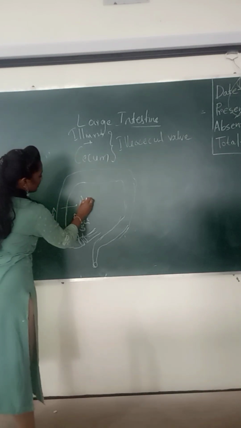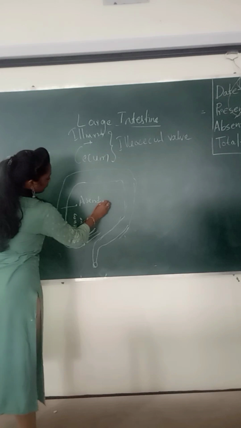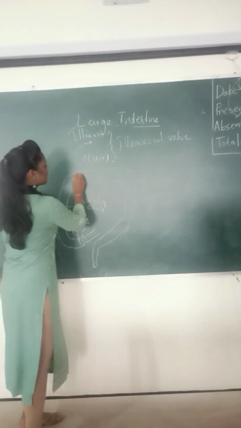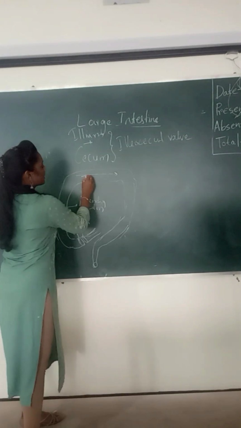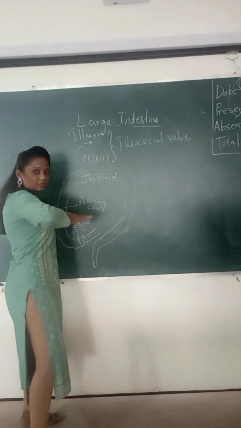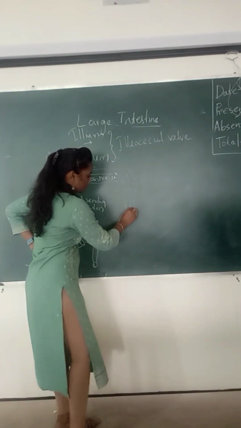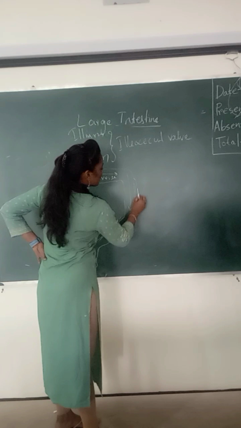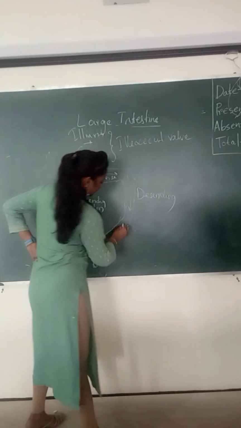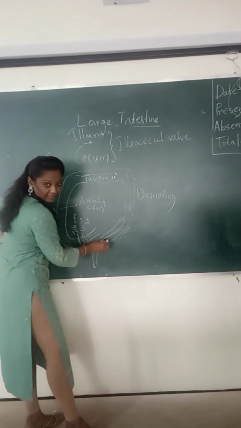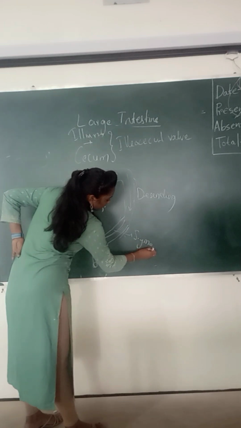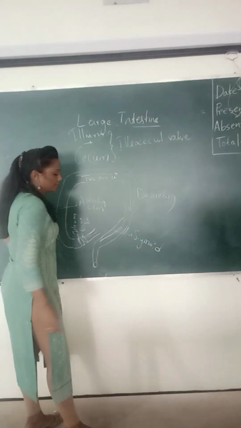This portion is the transverse colon. When it is coming down, it is called the descending colon. And the portion with a curve-like structure is called the sigmoid colon.